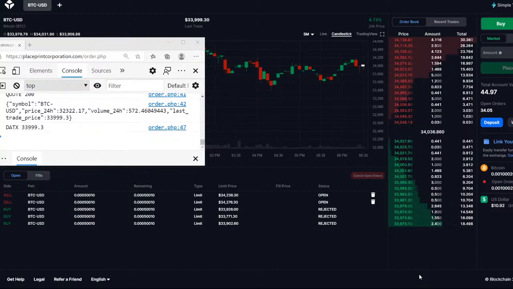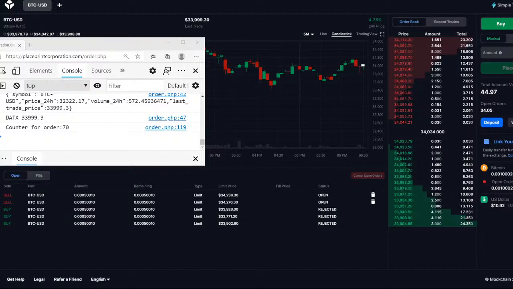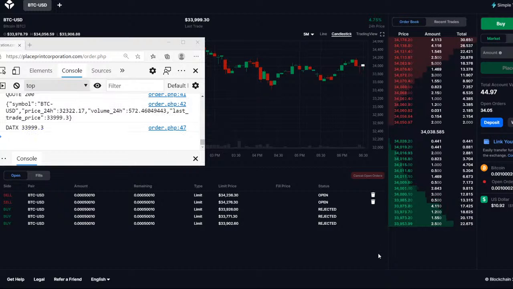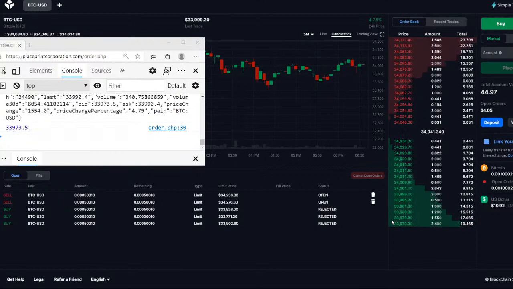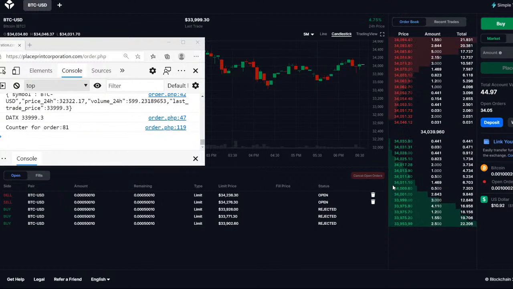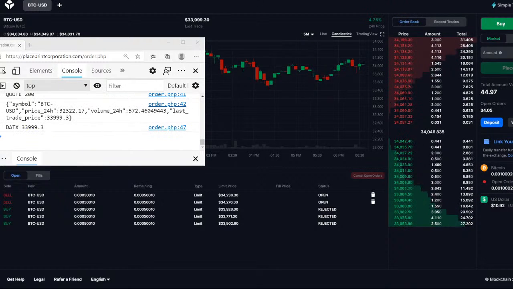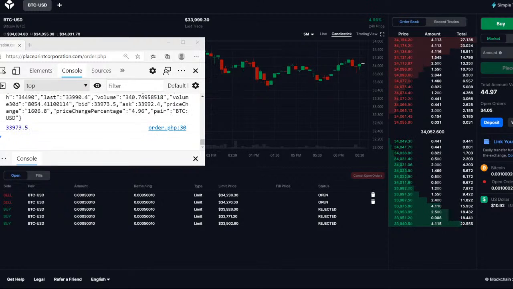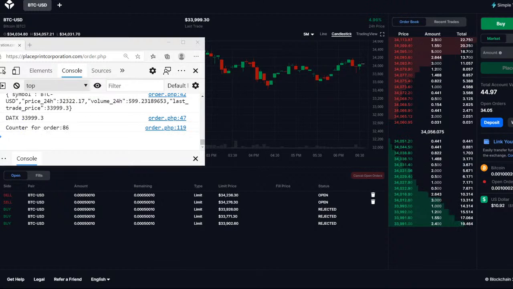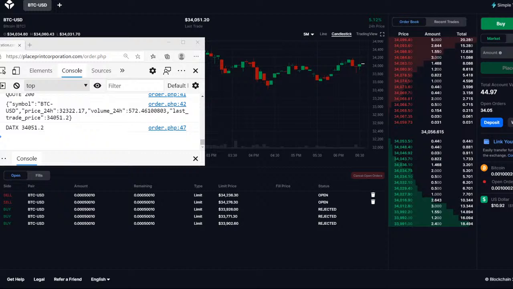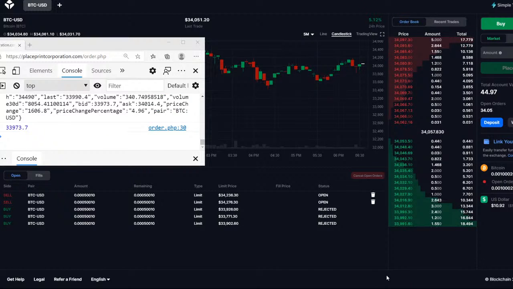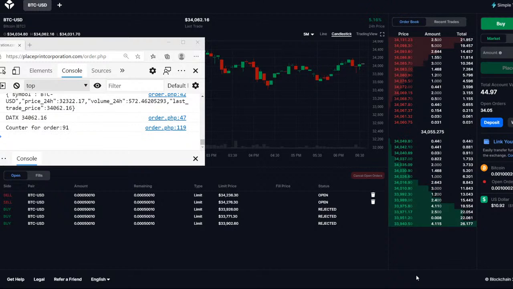Brutally choppy trade here at 34,000. Trying to push above 34,000 yet again. 34,062's trade.